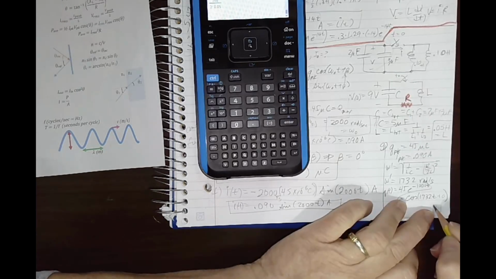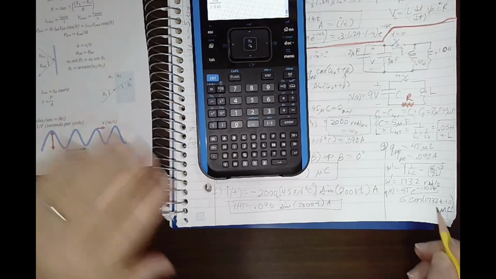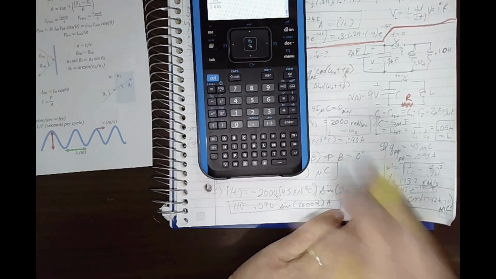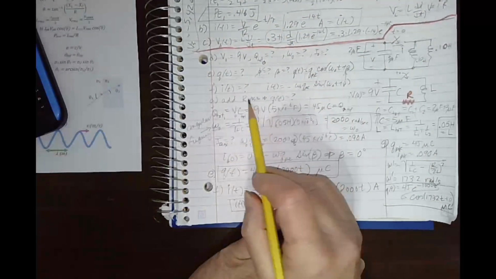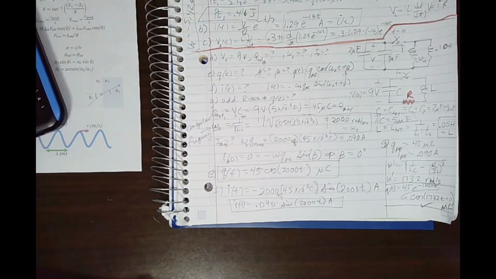And that is in microcoulombs. So we've got omega prime, got the exponential, got our new Q. All right, and that is it. We'll go ahead and stop there.